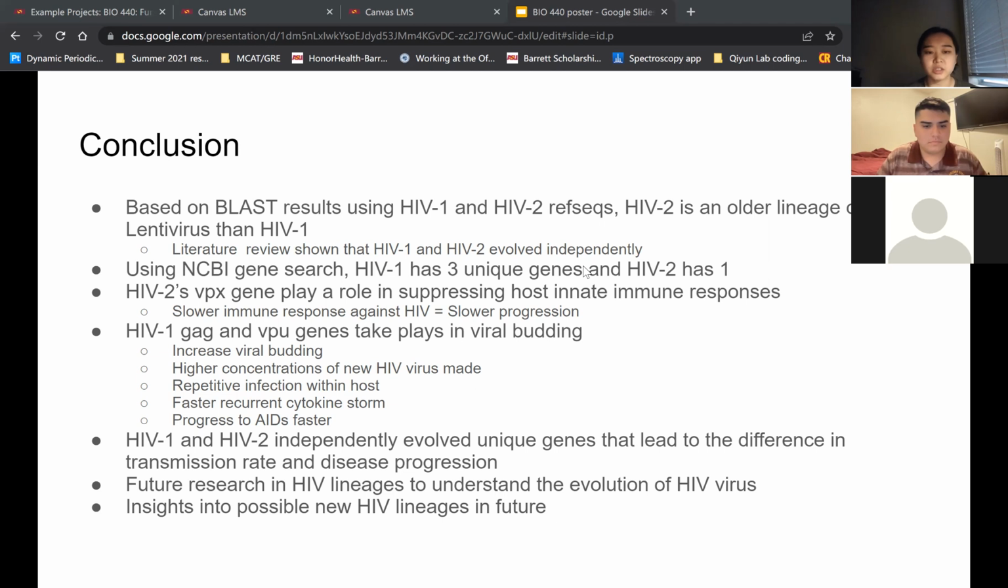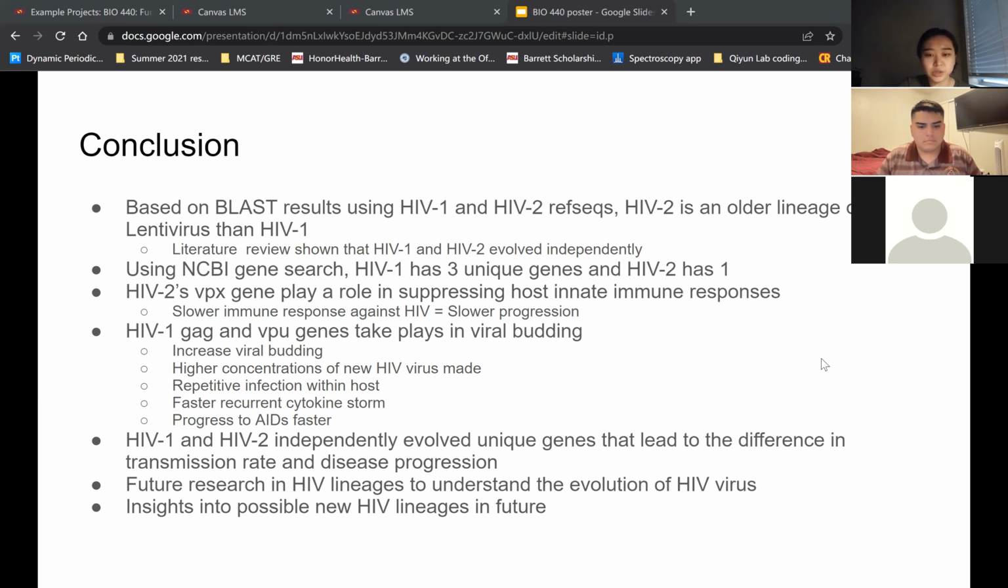Because of the high concentration of HIV, it will lead to repetitive infection within the host and also a faster progression towards AIDS. This high concentration also means that if there is a chance of transmission between 2 humans, the chance of transmission will also be higher when compared to HIV type 2.